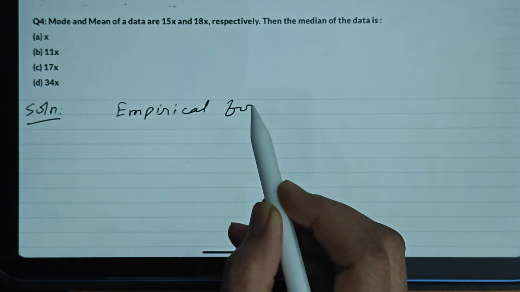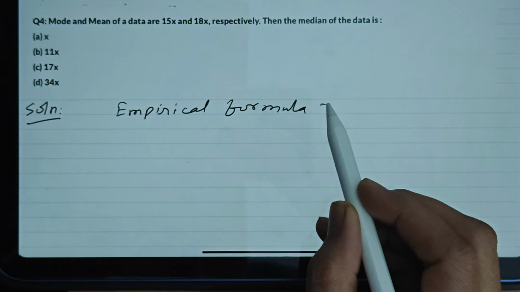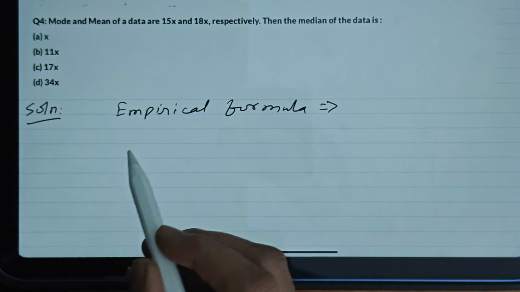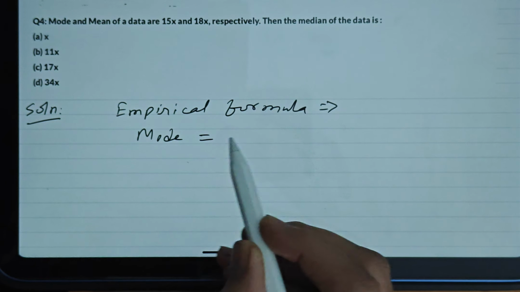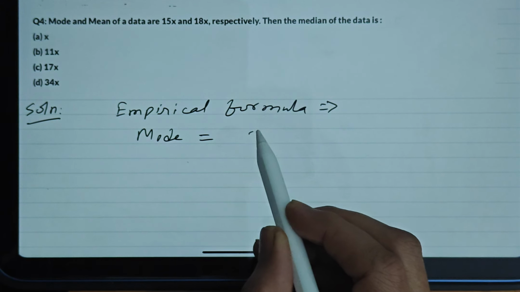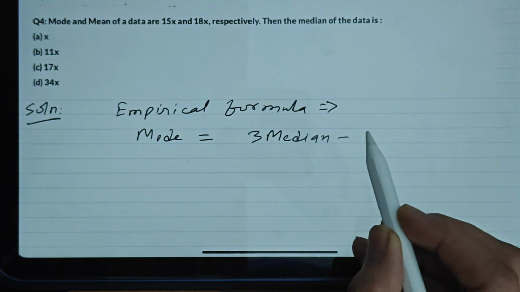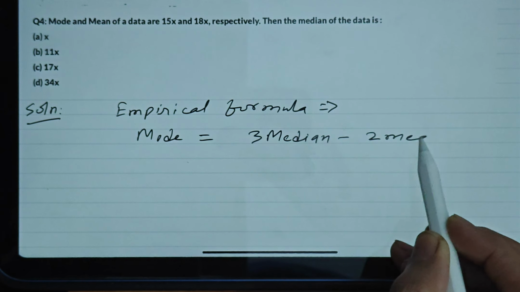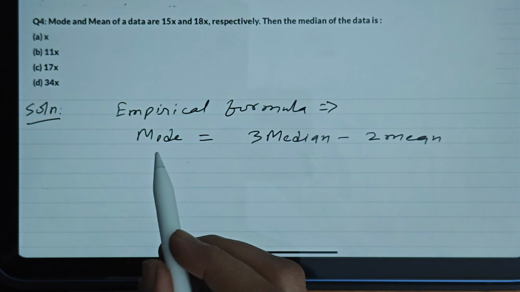Empirical formula. What is it? It is saying that mode is equal to 3 median minus 2 mean. Now mode and median of the data are 15x and 18x.